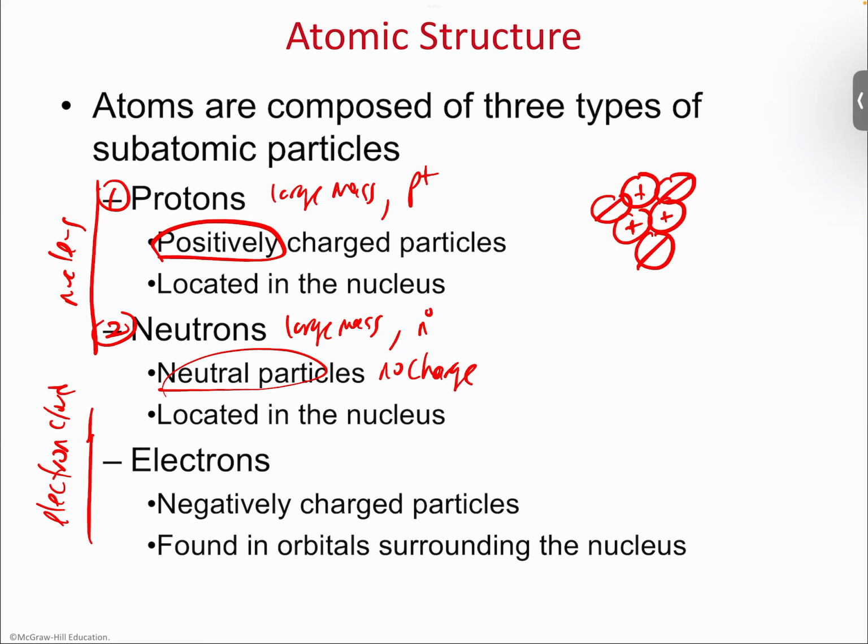And so this is your nucleus now, composed of largely positive and no charge particles that are both large in mass. Now, the other part of the atom, in the cloud, are the electrons. So the electrons themselves, size-wise, are vanishingly small. They're negatively charged, so we tend to abbreviate them as E negative.